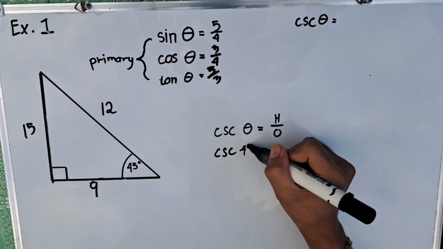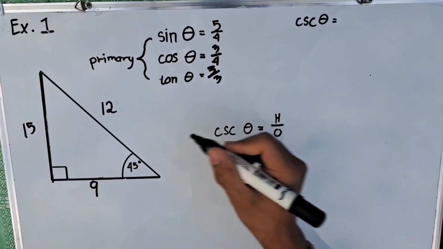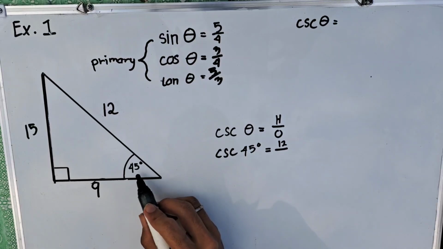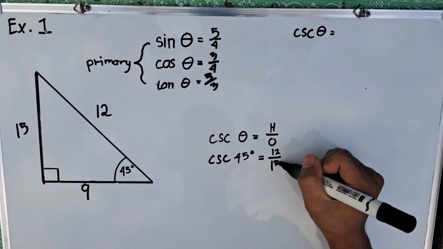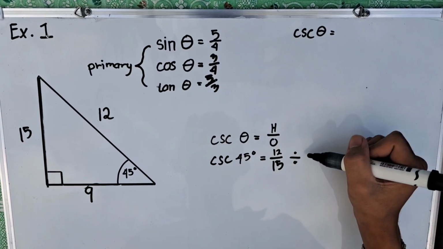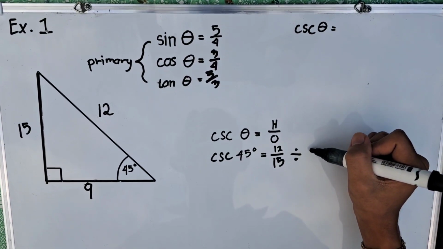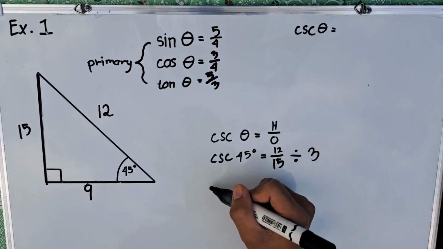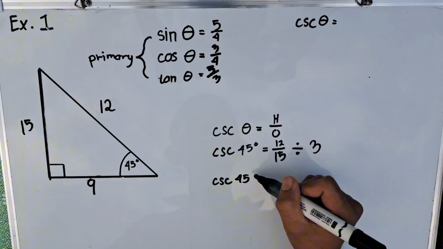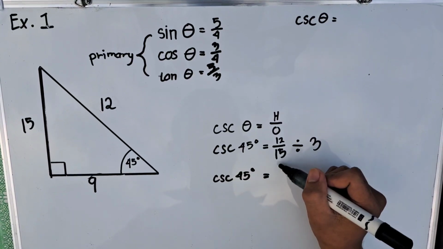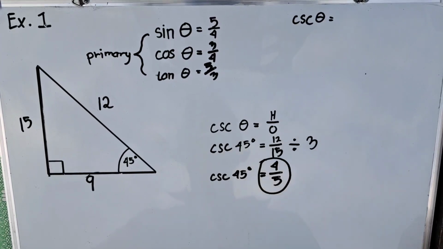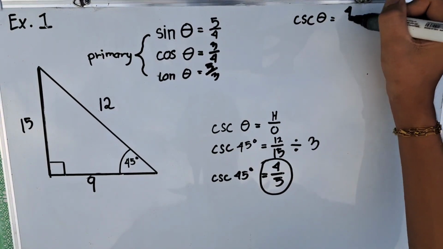The theta is 45, the hypotenuse is 12, and the opposite of the angle is 15. We can reduce it to the lowest term by dividing by 3 because it is the greatest common factor of the two. So cosecant 45 degrees is equal to 4 over 5.